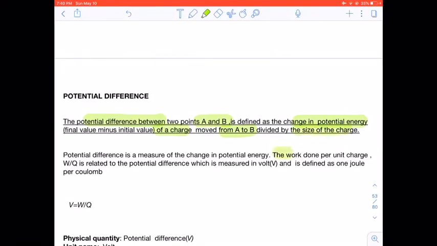Alternatively, the work done per unit charge is known as potential difference, right? So here we got V is equal to W upon Q. So V, the potential difference, is given by W upon Q, right?